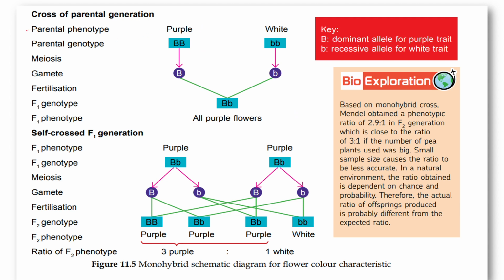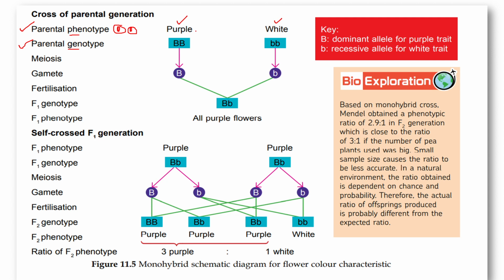So first you start with the parental phenotype. Write down the phenotype first. That means what you observe with the eye, whether it is purple or white flower. Okay, and then you write down the genotype from what you see.